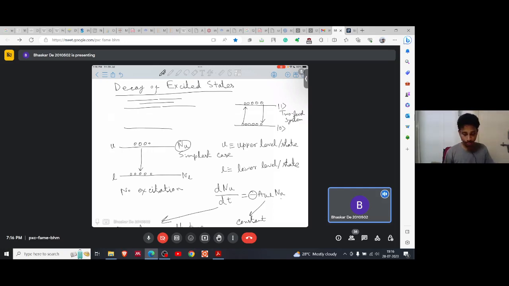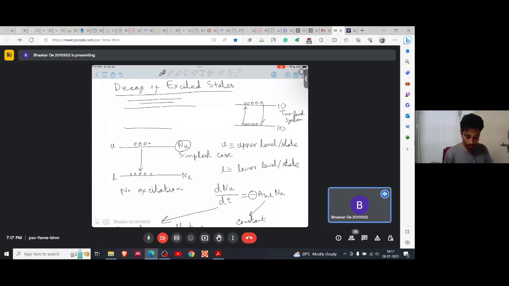If we excite them, if some kind of energy is applied to the atom, whether heat, an electromagnetic wave, or even friction, then the outer electron of those atoms will be excited to a higher state.